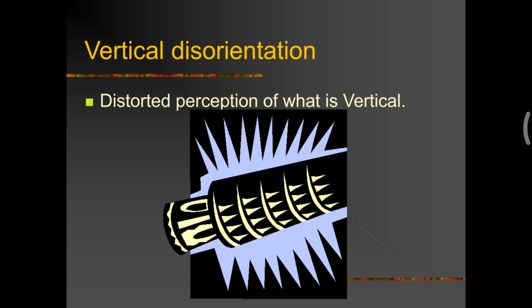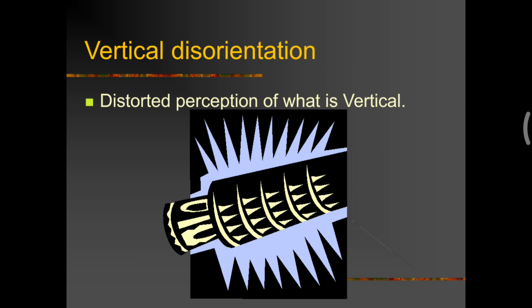But what can happen sometimes is, a person might perceive that the objects in the environment are not vertical. So you will see that consistently this person will be tilting to one side, or whenever you ask him to lift an object and keep it vertically, say for example a glass of water, he might consistently be spilling the water because he places it not vertically.